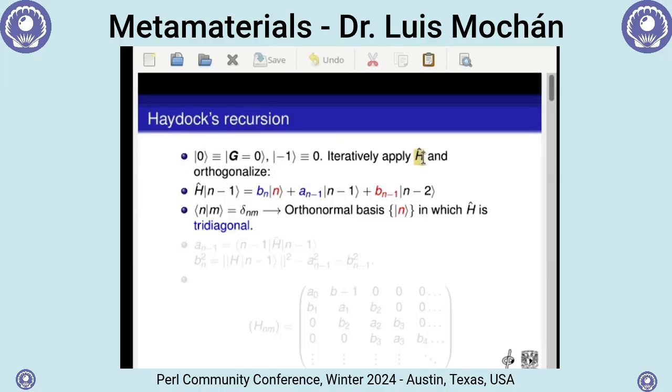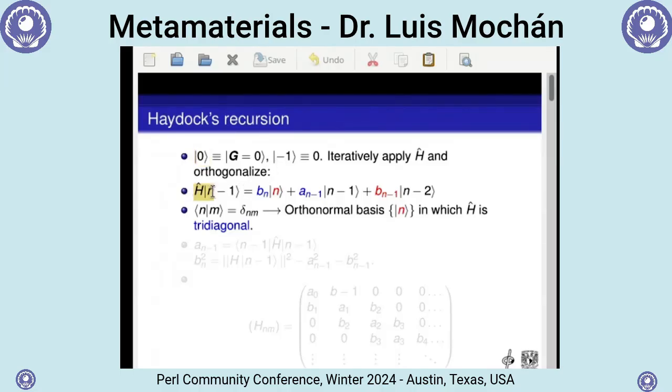You have an operator, say H. You have a starting state. In this case, we take the macroscopic state, which is simply a plane wave with a very small wave vector. Then we apply H on state 0 to produce a new state 1. Then we apply H to state 1 and produce a state 2, and we do that iteratively.